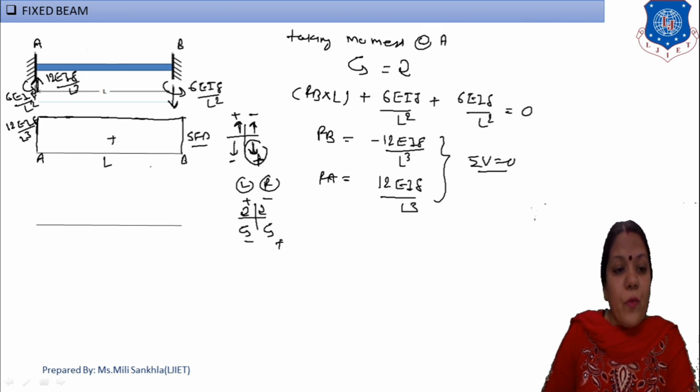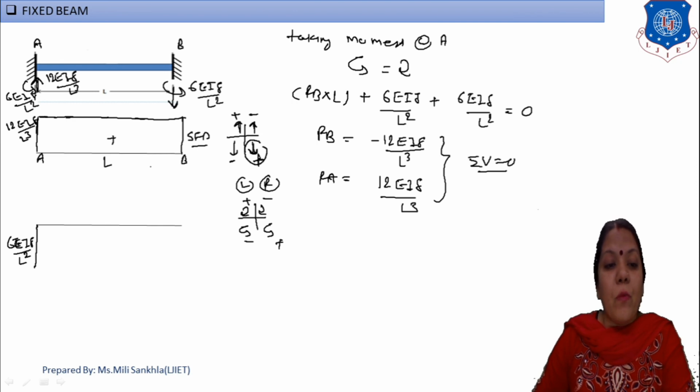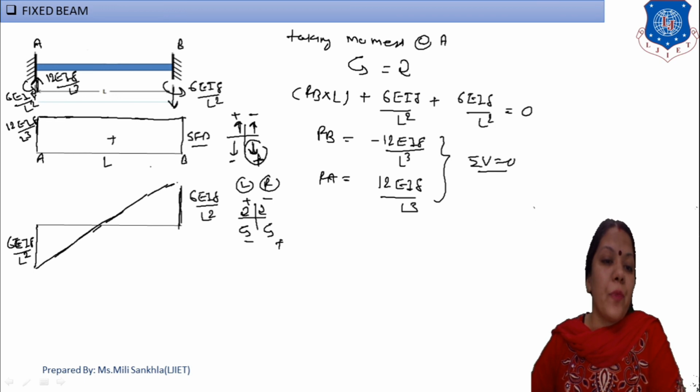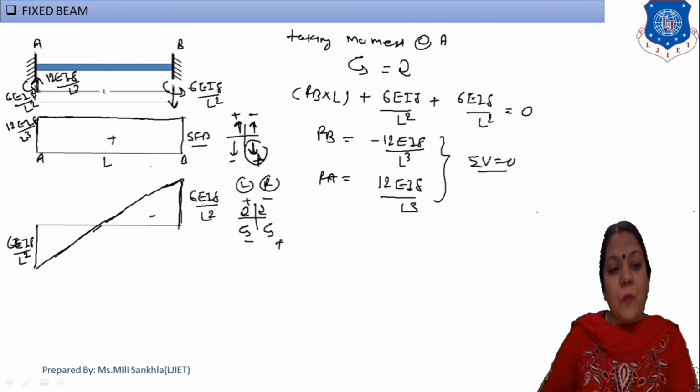So first of all we draw in the down direction, because left hand side anti-clockwise is minus, and the height of this moment is equal to 6EI delta by L square, and from the right hand side our answer is positive, and this is 6EI delta by L square. Now simply join these two points, because here moments are given at A and B points only. Simply connect this. This is the plus moment and this is the minus moment. This is A point, this is B point, and this diagram is our bending moment diagram.